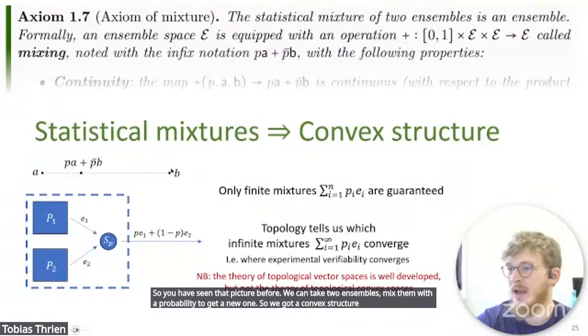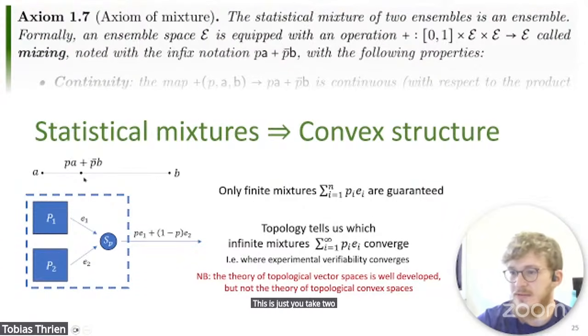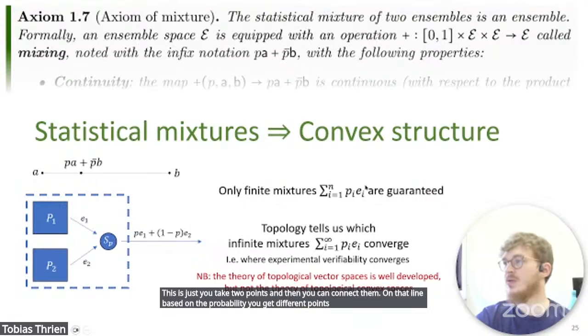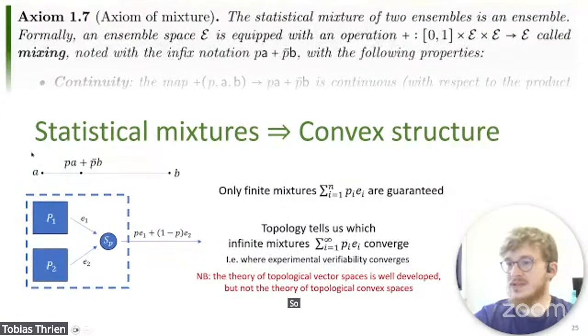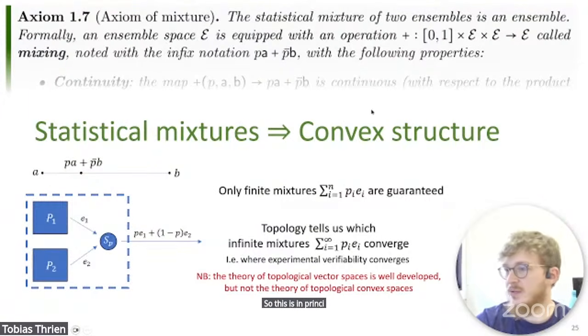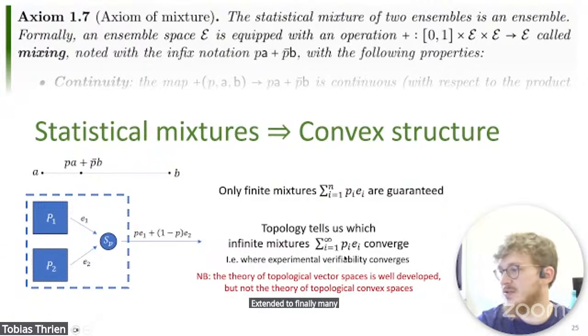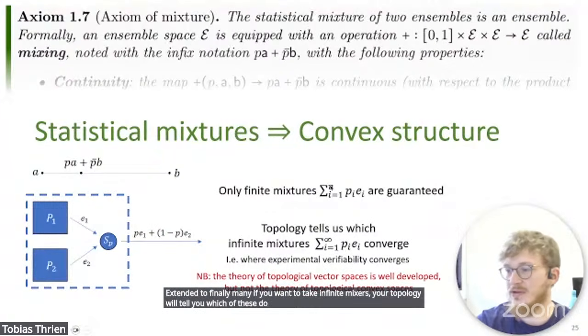Mathematically, you take two points and you can connect them on that line, and based on the probability you get different points. This is in principle just defined for two elements. Then you can extend that to finitely many. If you want to take infinite mixtures, your topology will tell you which of these do exist and which ones do not.